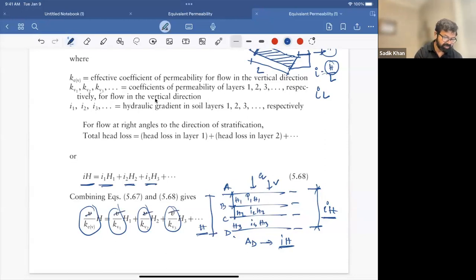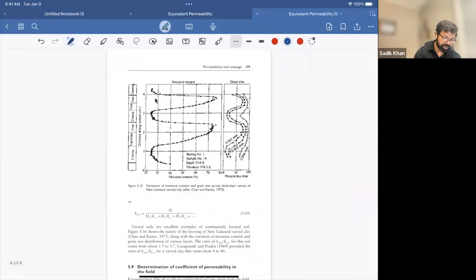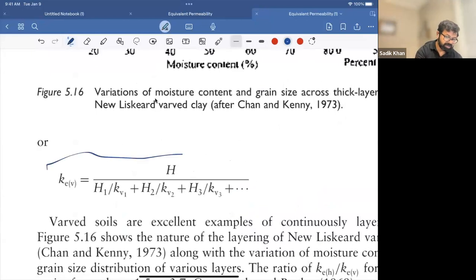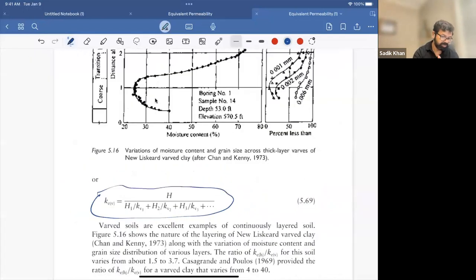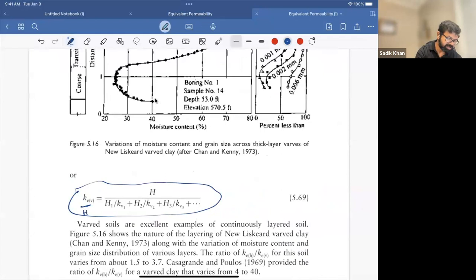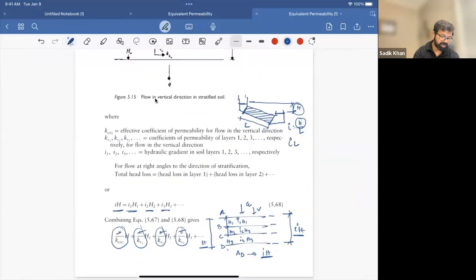So we get H over K. Your final equation is going to be this, where your equivalent K has H common for all of it. So we had K over H; that's the final form of the equation.